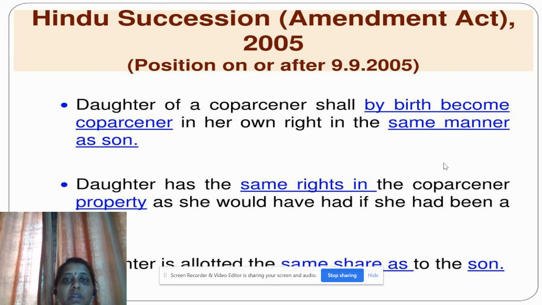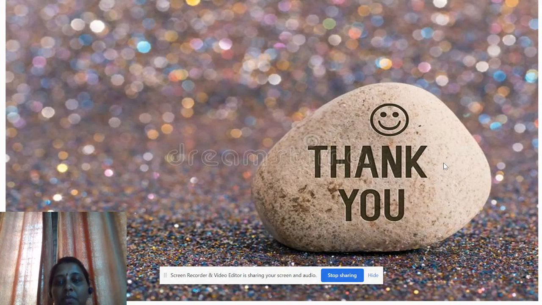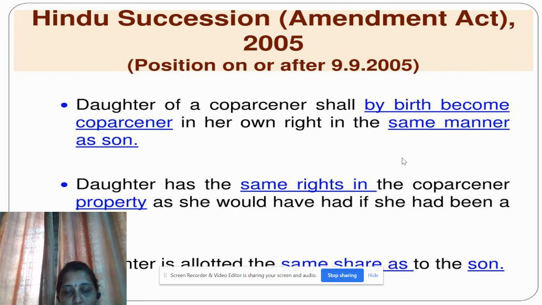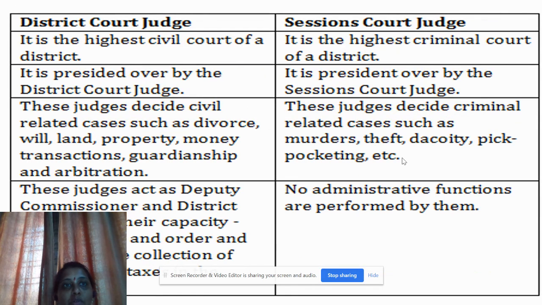But according to this act, even the daughters have an equal share in the father's property. The daughter is allotted the same share as the son. The same rights are incorporated for both son and daughter.